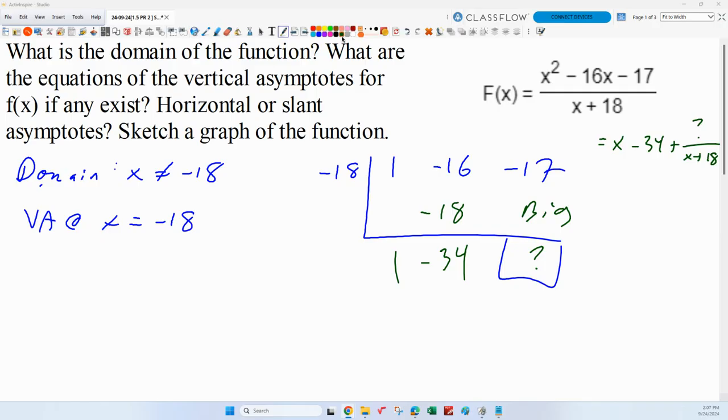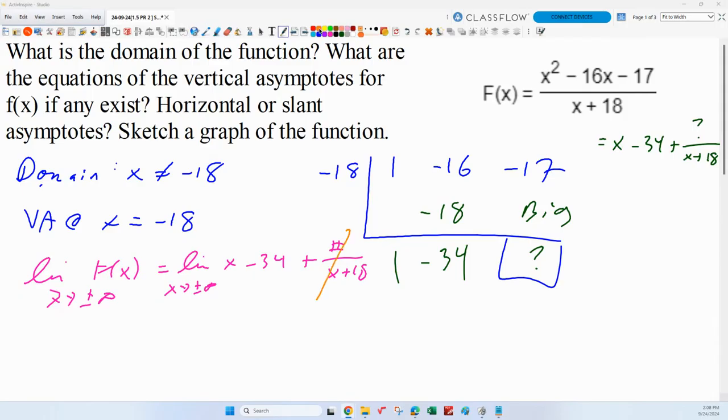But in the limit that x approaches infinity, the limit of f of x as x approaches plus or minus infinity then is going to equal the limit of x minus 34 plus some number divided by x plus 18.